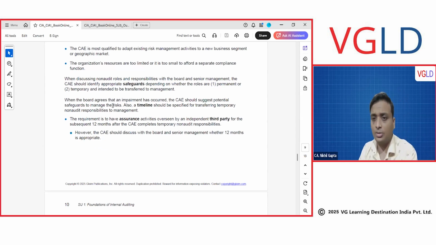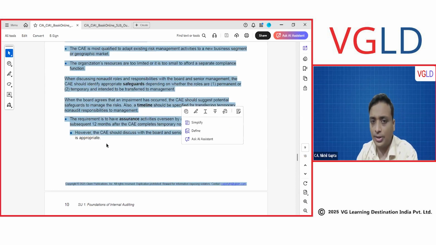If it is not able to be managed, there is no use. The requirement is to have assurance activities overseen by a third party for the subsequent 12 months after the CAE completes a temporary non-audit responsibility. However, the CAE should discuss with the board and senior management whether 12 months is appropriate. This can be changed as well.